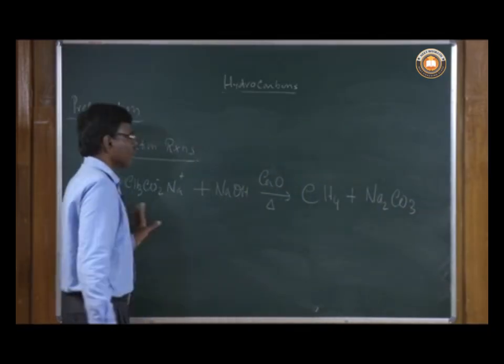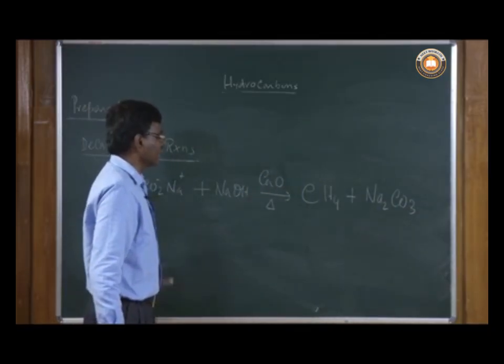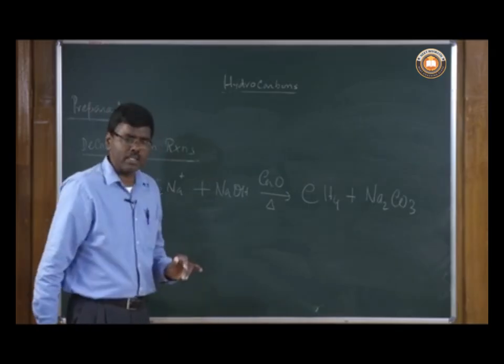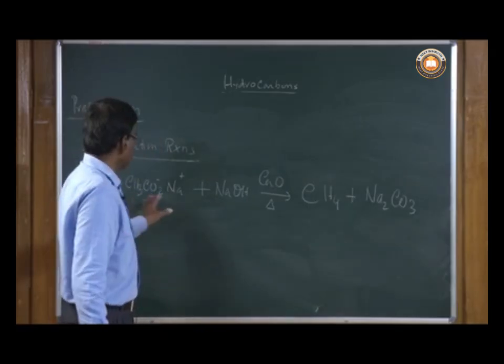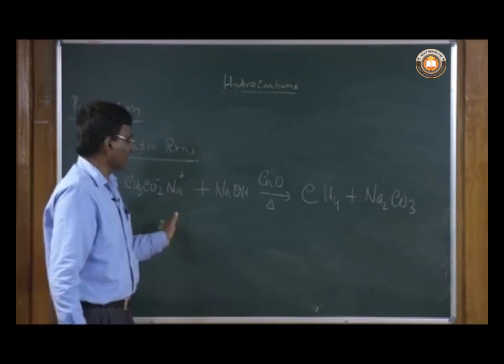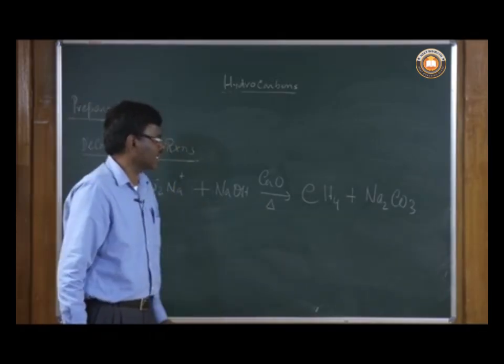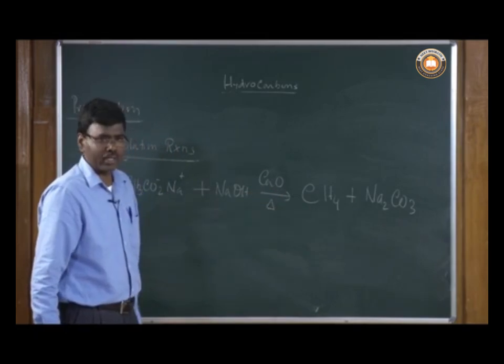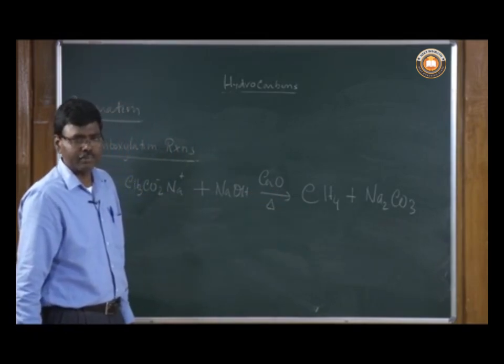The byproduct is sodium carbonate in this, and this is one of the methods used to make alkanes. Whenever you treat sodium carboxylate with soda lime and heat it, you can generate alkane, and the byproduct is sodium carbonate.